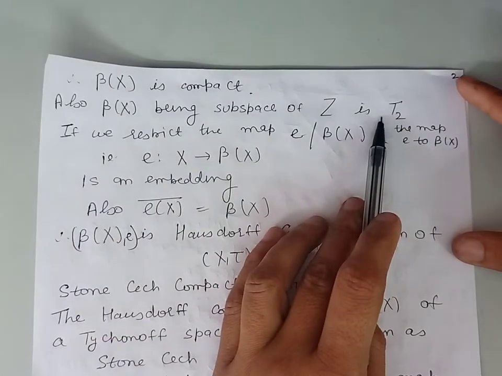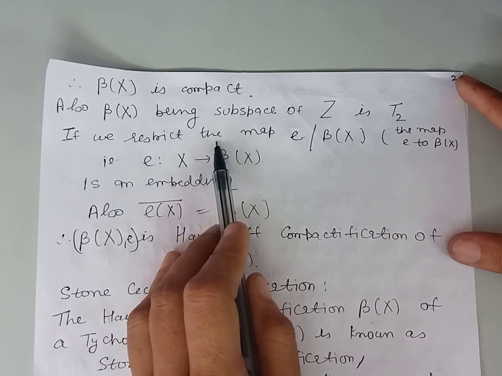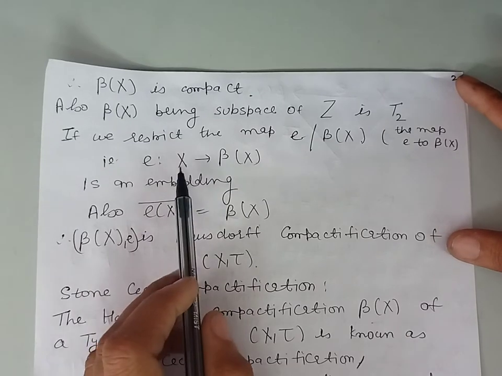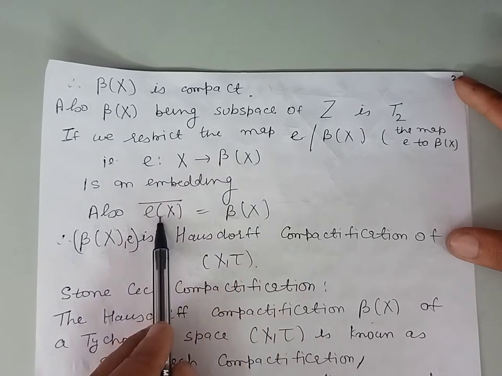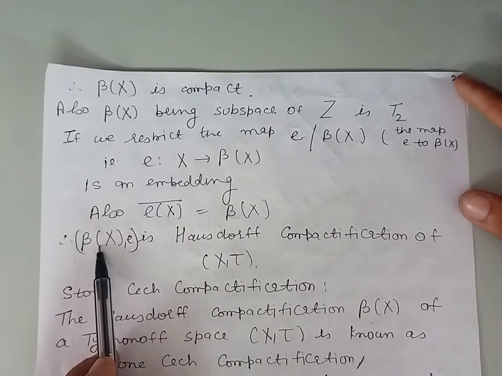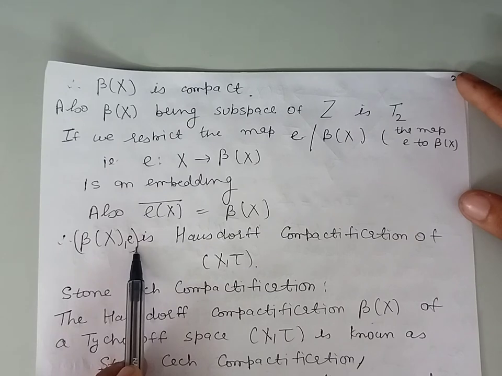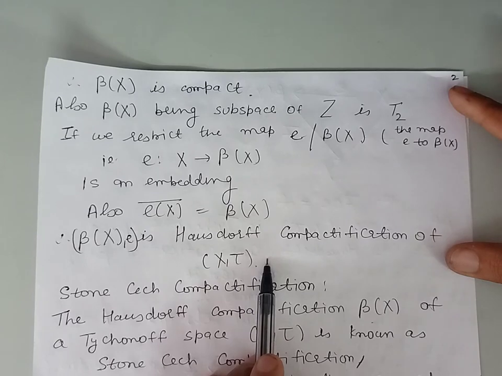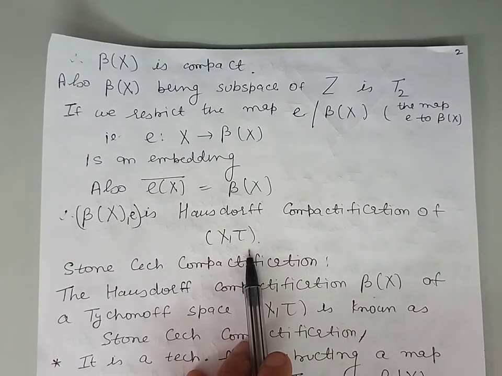So if we restrict the mapping E to beta X, then E is an embedding which is a mapping from X into beta X, and also the closure of E of X is beta X. So we can say that beta X, together with the mapping E, is Hausdorff compactification of topological space X tau. So this completes the proof of the theorem.